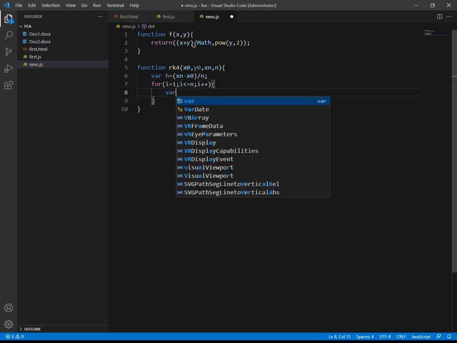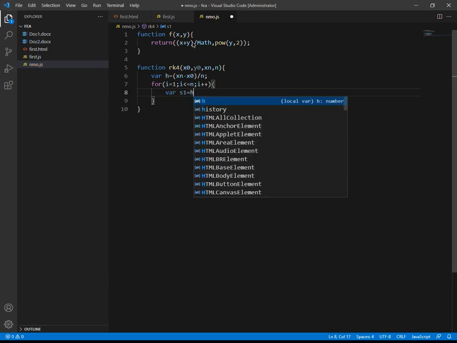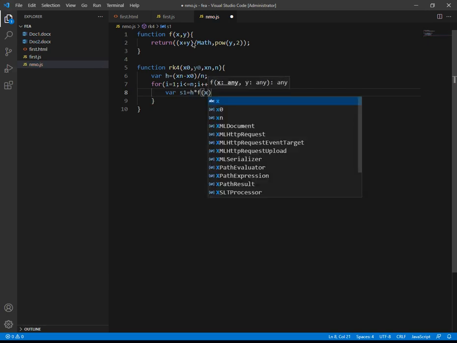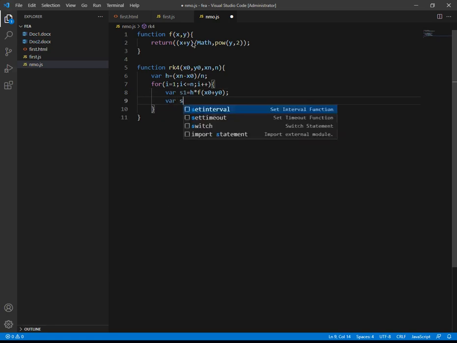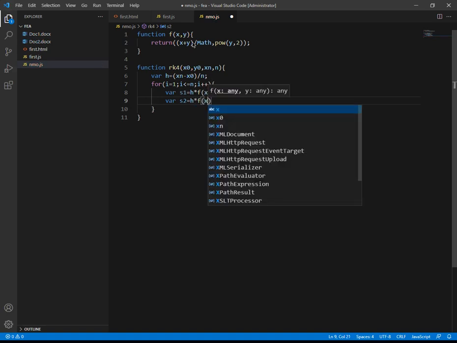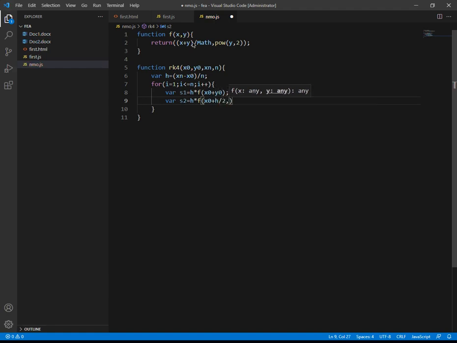So first I will calculate S1, which will be h into f of x0 plus y0. Then I will calculate S2 is equal to h into f of x0 plus h by 2 comma y0 plus s1 by 2.